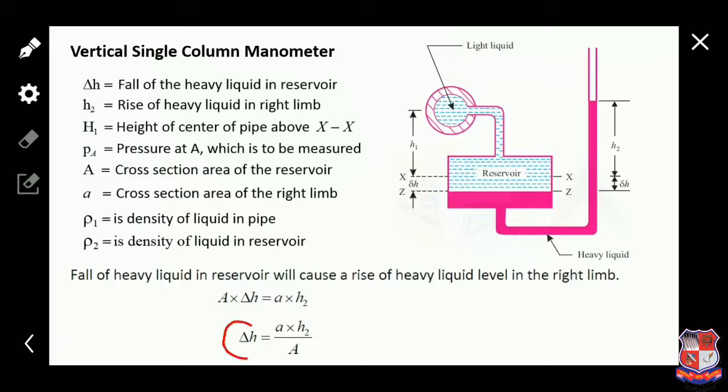So delta H is equal to small a times H2 upon capital A. This is the relation we developed.